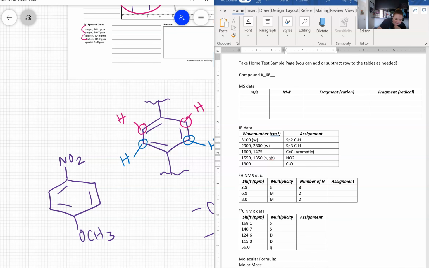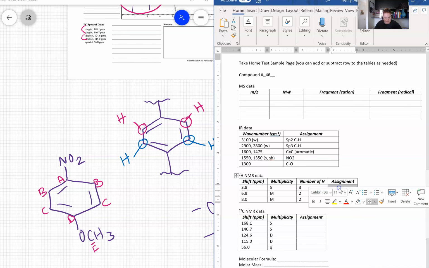I'm going to label my carbons A. I'm going to label these both as B because they are equivalent to each other. C, D, E. And then on my table over here, that singlet we know is the methyl group. It's 3 hydrogens.